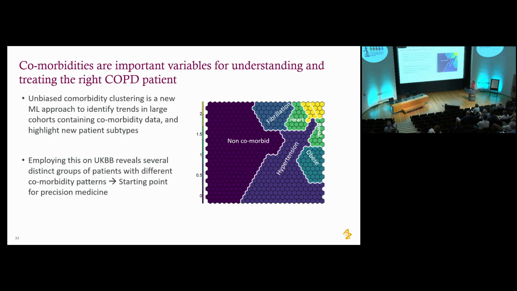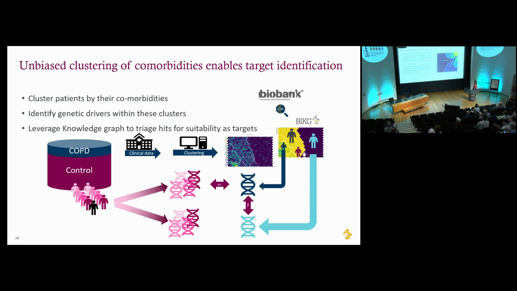And to us, this really shows that this unbiased comorbidity clustering can be used to identify trends in large cohorts that contain comorbidity data, and as such highlights new potential patient subtypes. And identification of these different subgroups can then be considered in a way as a starting point for target identification with precision medicine from the start in the back of our minds.